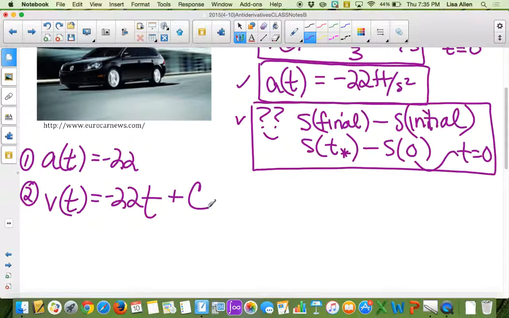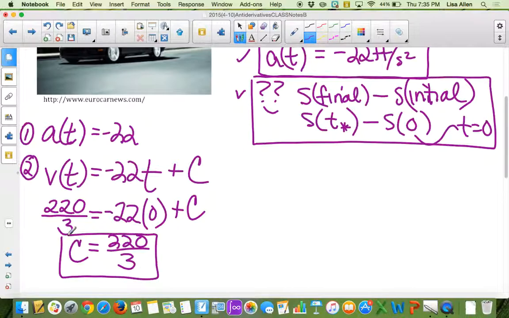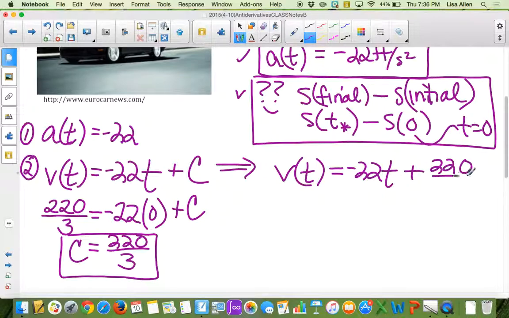Now we know that the velocity is 220 over 3 feet per second when time t is equal to 0. So the first thing I'm going to do is solve for c. I get c equal to 220 over 3. Box that up. Then I write my velocity equation: v of t is equal to negative 22t plus 220 over 3.